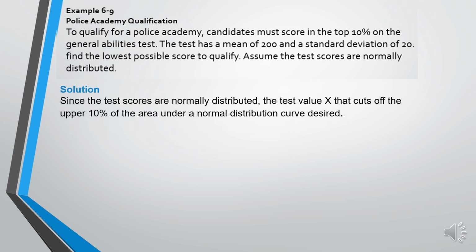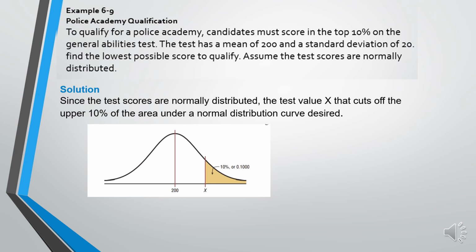So for the solution, since the test scores are normally distributed, the test value x that cuts off the upper 10% of the area under a normal distribution curve is desired. So this is the normal distribution wherein the area under this curve is equal to 1. So we work backward to solve this problem. Step 1.